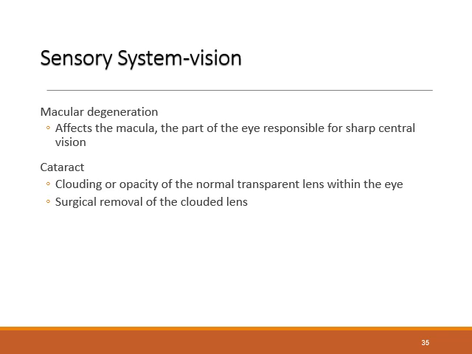Because if they've had cataract surgery, their pupils won't react. It's not a problem. They haven't had a stroke, but just be sure you rule out other things that can be wrong. Surgical removal of the clouded lens would be the way we would help with cataracts.